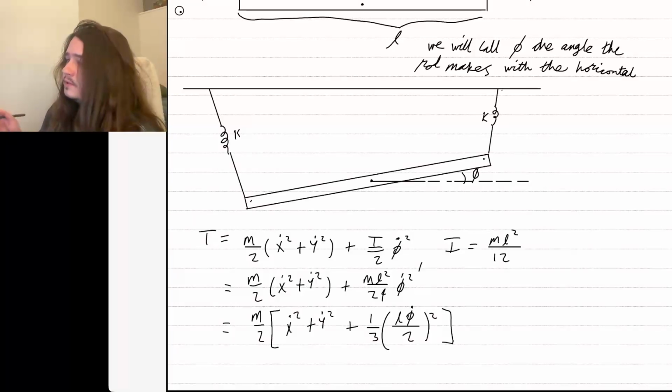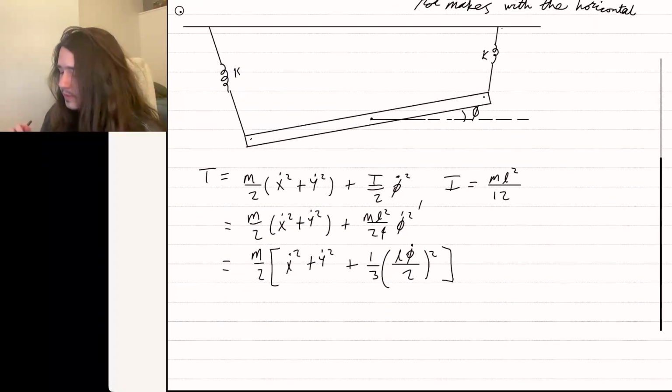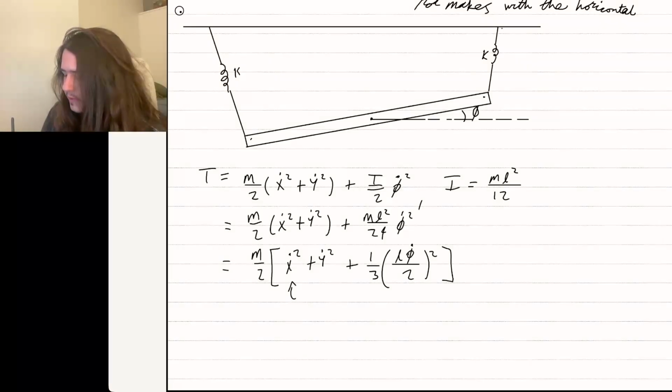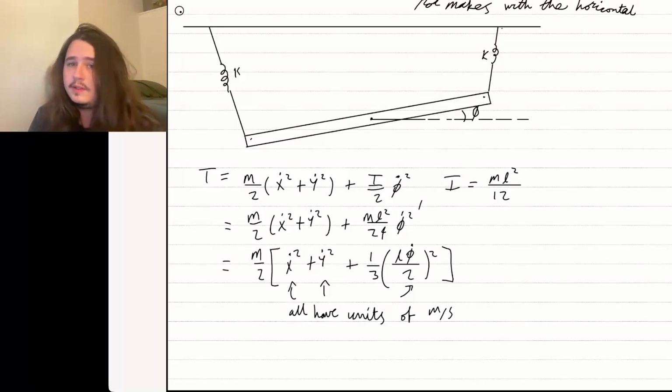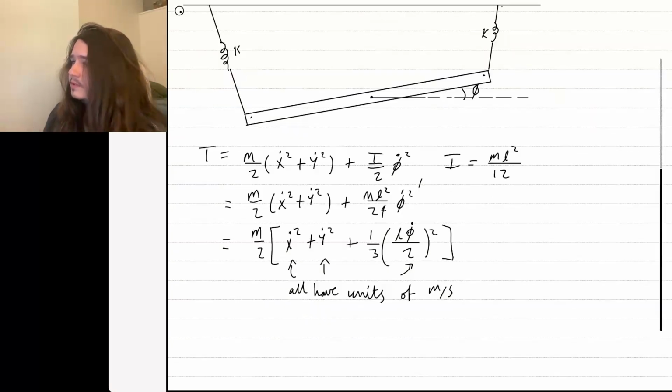Now that we've done that, notice here that this, this, and this all have units of meters per second, which means we can use this system of things here as our generalized coordinate system.